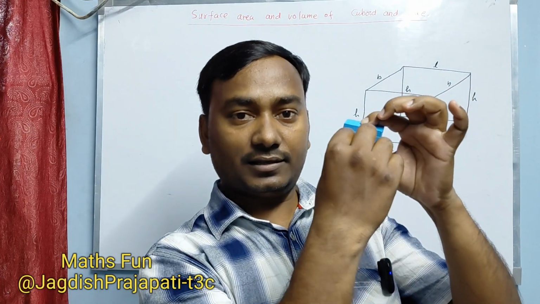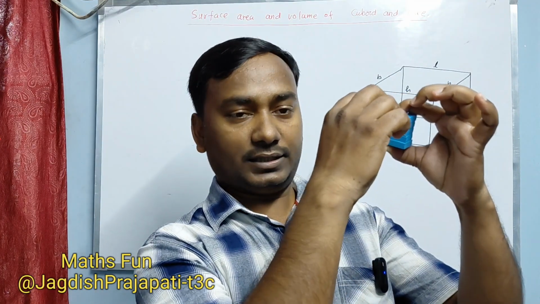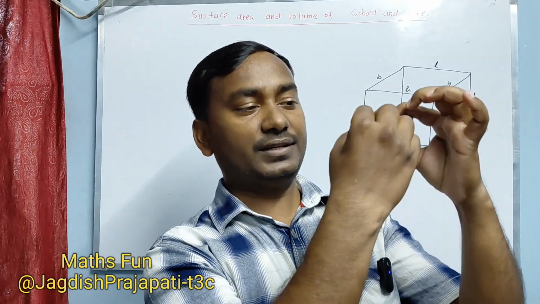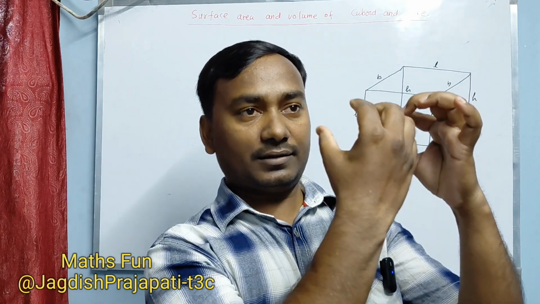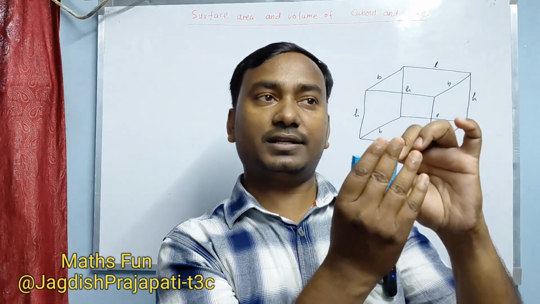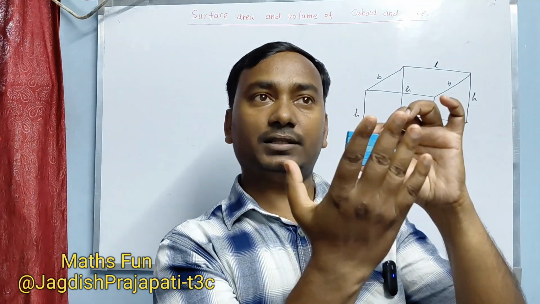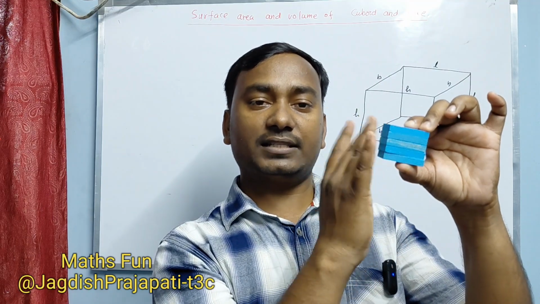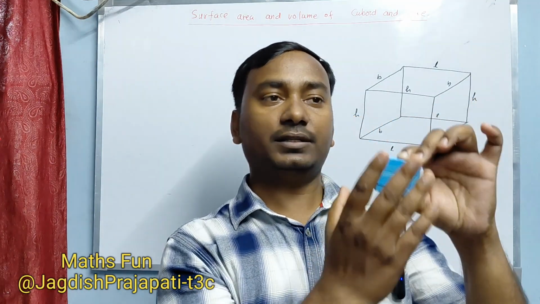We are not measuring the dimension inside, whatever volume or space it is going to cover. So surface area provides only the measurement of the outer surfaces, not the inside surface.